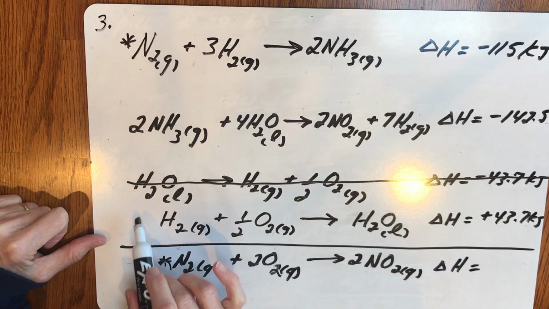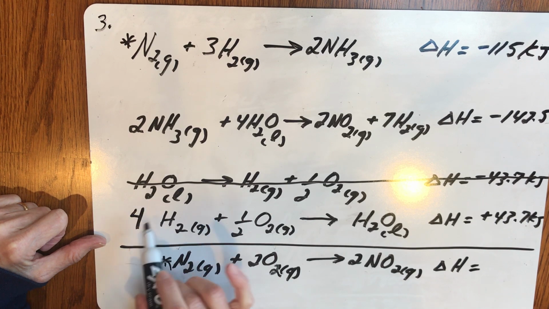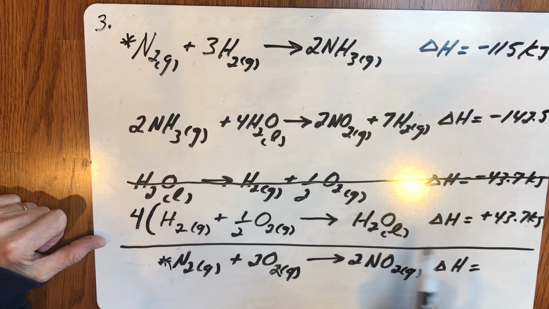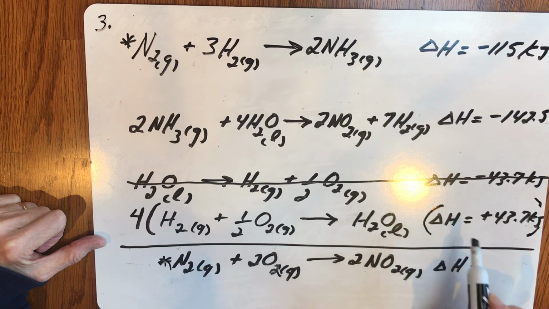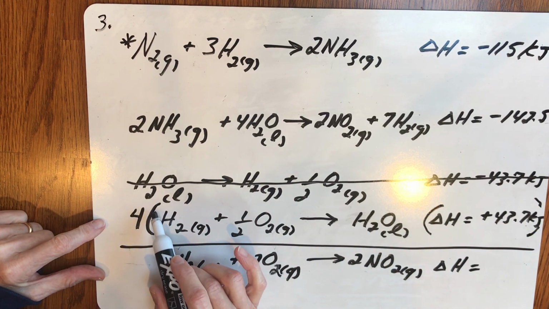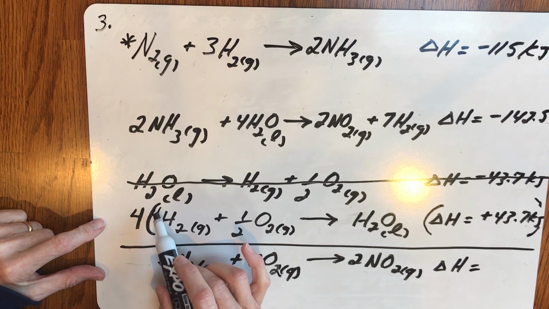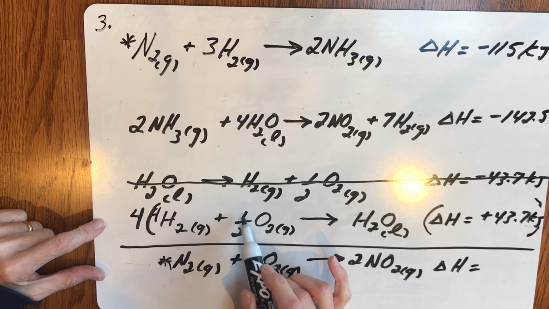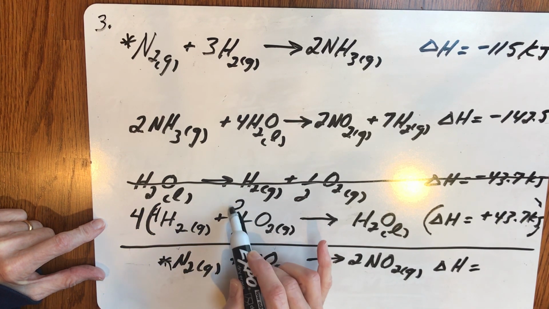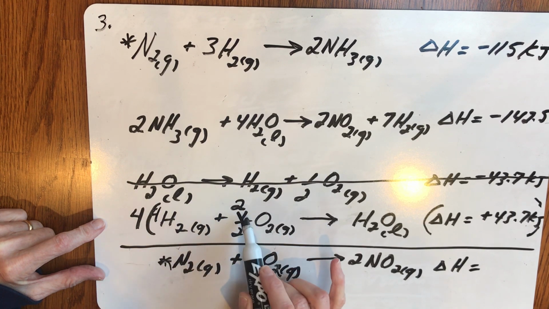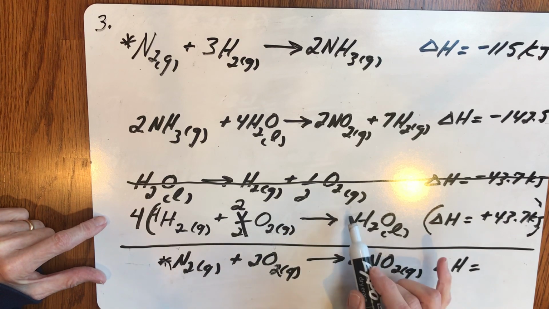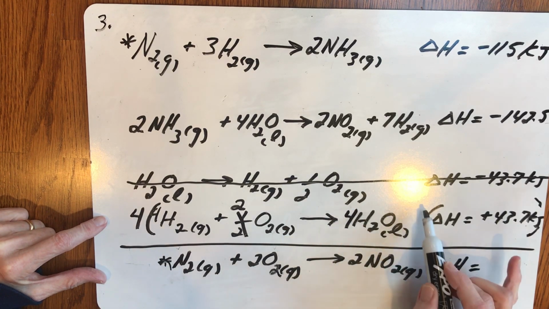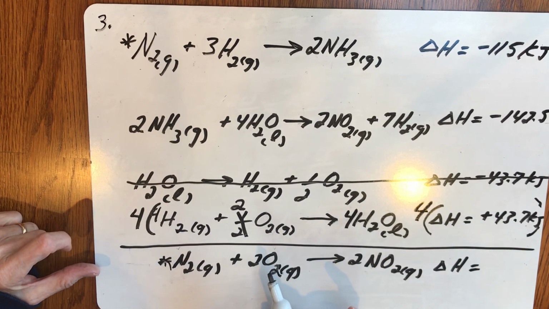So what I have to do is multiply this whole equation through by 4, including the delta H. So this now becomes 4H2. It becomes 2O2, because 4 times 1/2 is 4 halves, which is 2. And it becomes 4H2O. And then I have to multiply that value by 4 also.